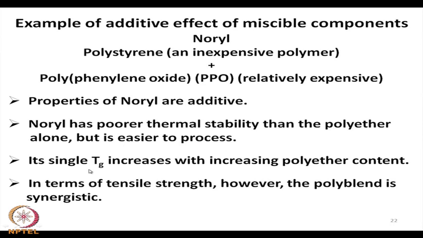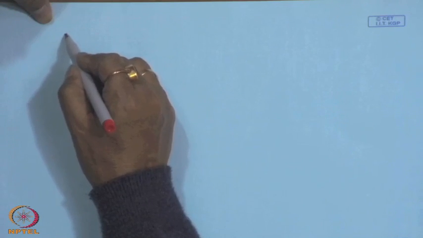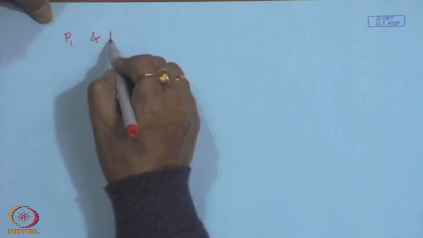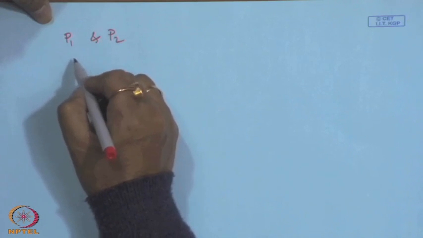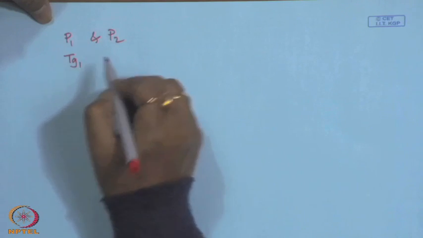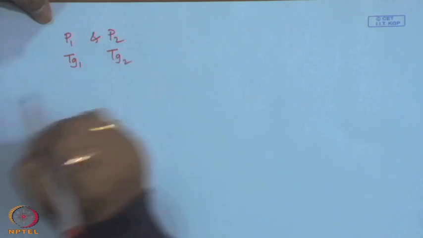but the processability is improved. Now, it has been found that on blending of these two components, the glass transition temperature Tg of the blend is only 1, although there are two components. It can be expected that if we take two component polymers, say polymer 1 and polymer 2, they can have different Tgs, Tg1 and Tg2.